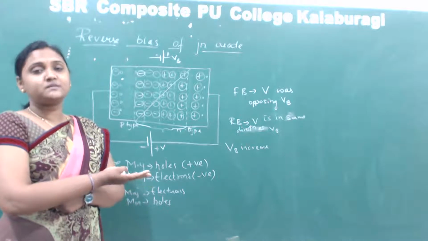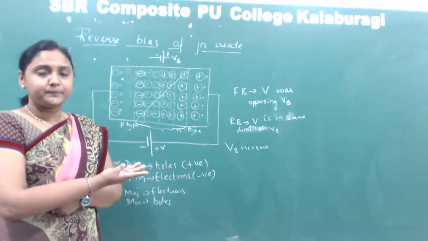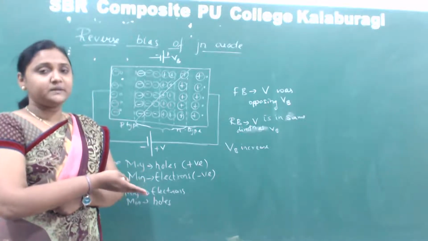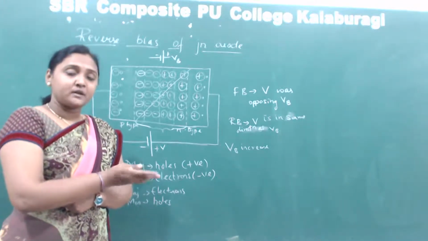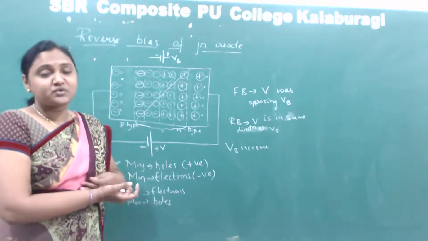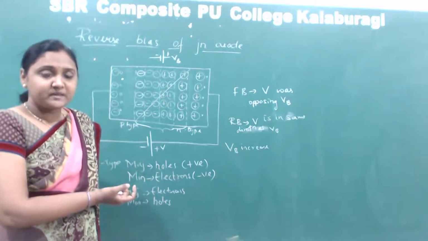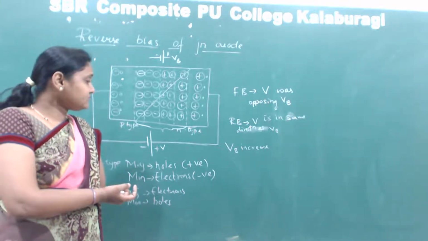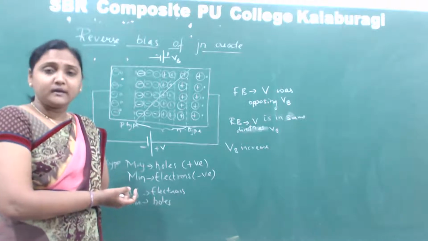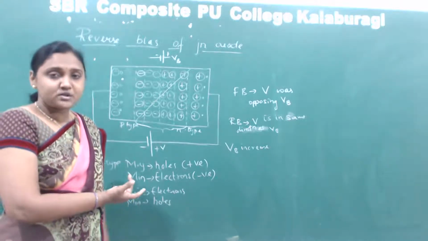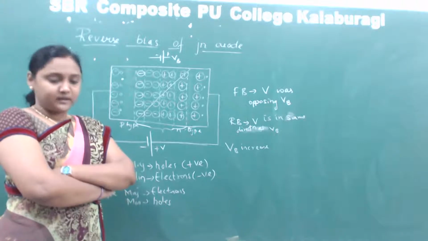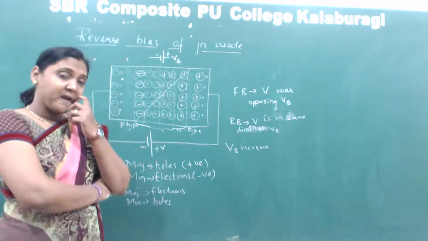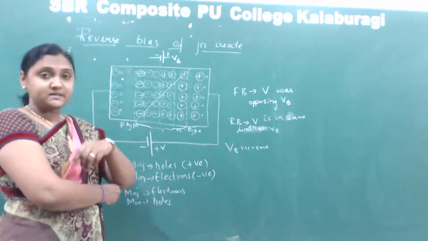It has become wider compared to the normal unbiased condition. In the previous case, it had shrunk and become narrow. So because of that, the free electrons and the holes were able to cross the junction and result in conduction. But now in this case, the depletion region has become further wide. VB has increased because the height has increased.